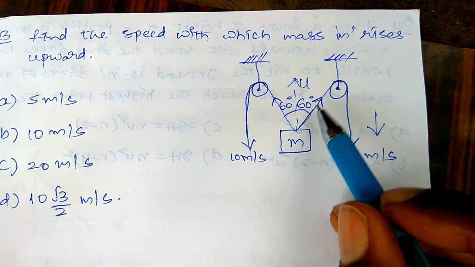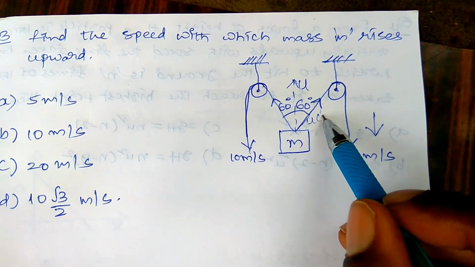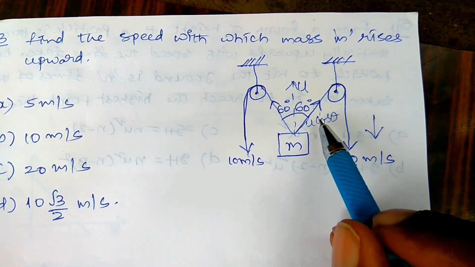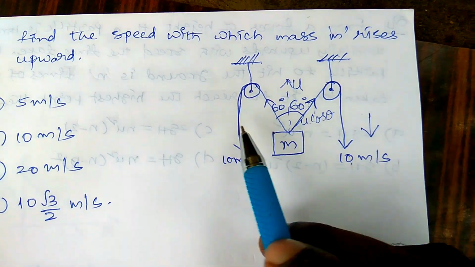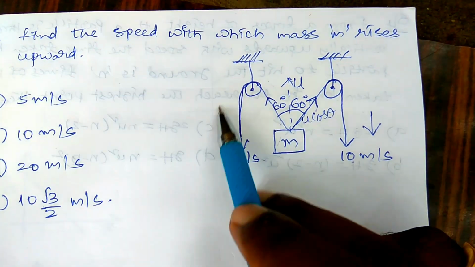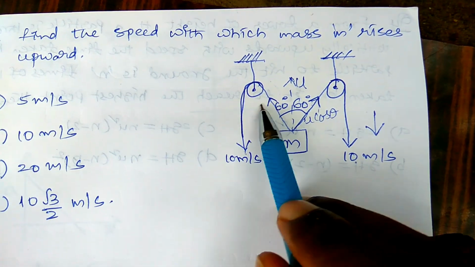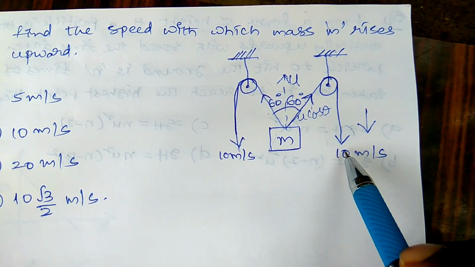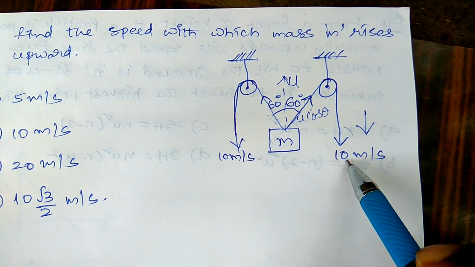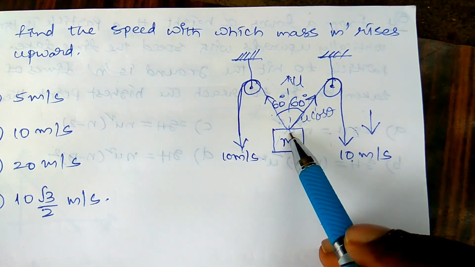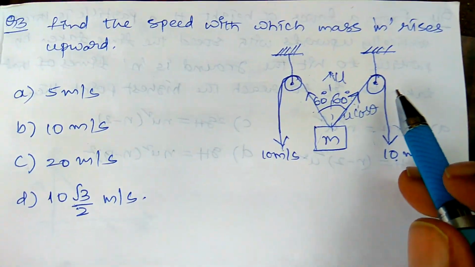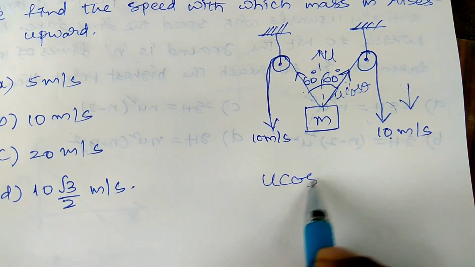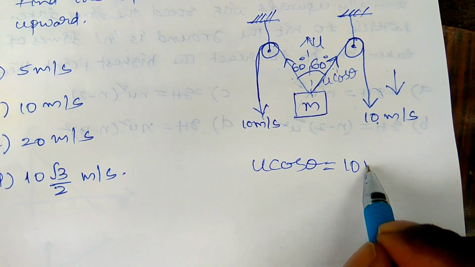So here we can write that the component along the thread is u cos theta. How much is theta? It is 60 degrees. So the mass should also have the same u cos 60, or u cos theta. The velocity acting downwards is the velocity that makes the mass rise. So you can write u cos theta equal to 10 meter per second.